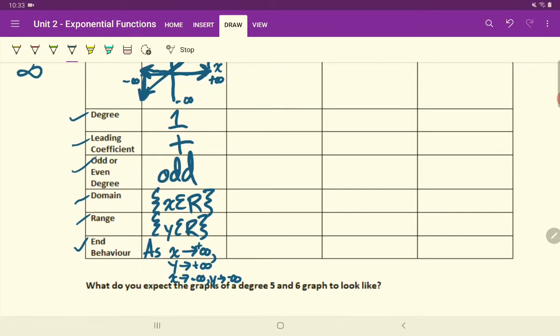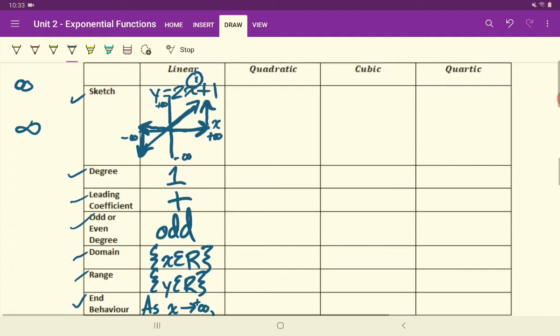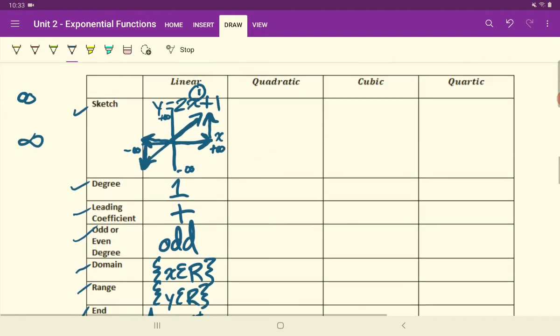So the end behavior describes what the line or the curve is doing at its limits. As x approaches infinity, what's happening to y? As x approaches negative infinity, what's happening to y as well? Fairly straightforward there. The only new item for us, I think, would be the end behaviors, but it's not a difficult concept.